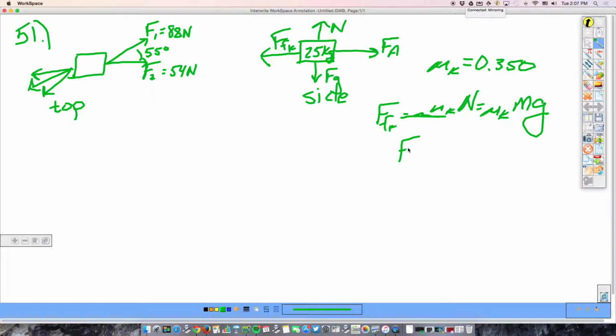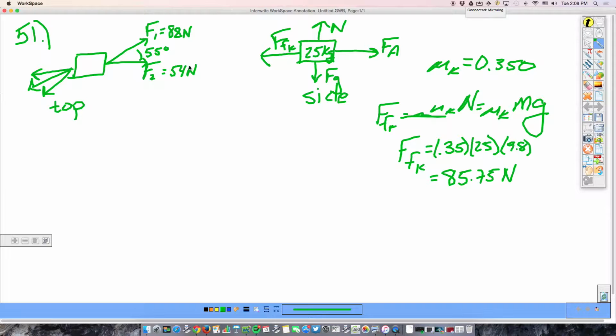And I can then solve for the frictional force. And that's going to be 0.35 times 25 mass times 9.8 gravity. And that equals 85.75 newtons.